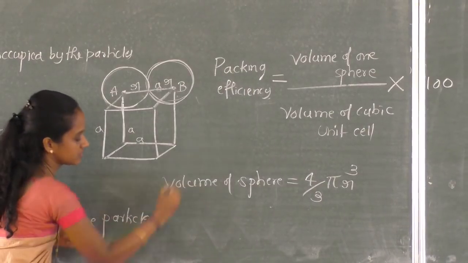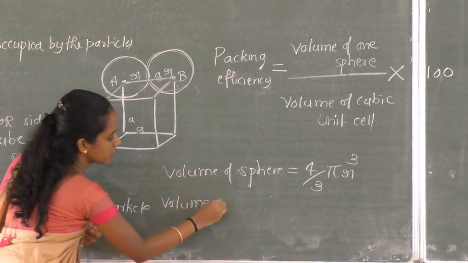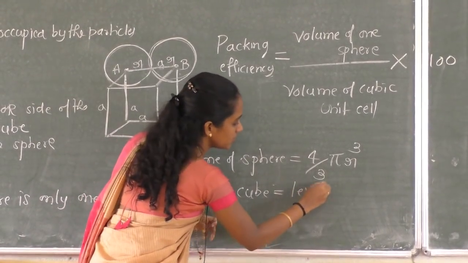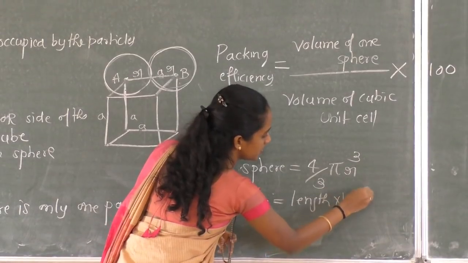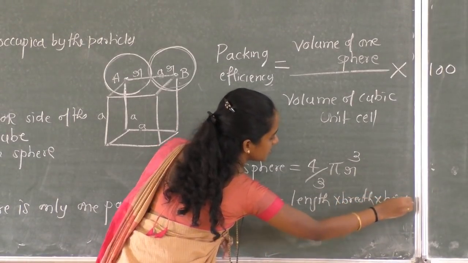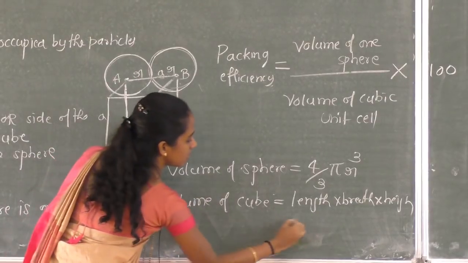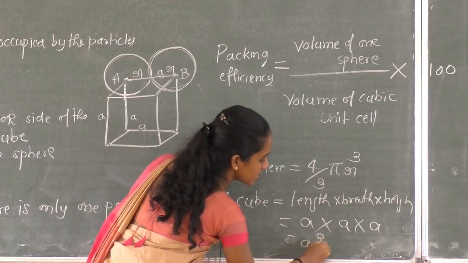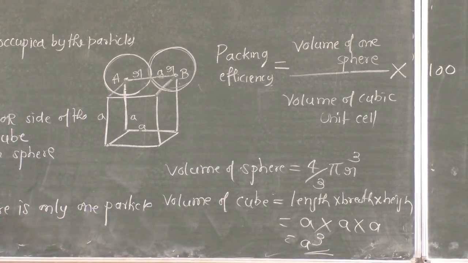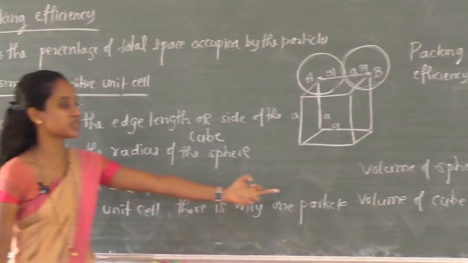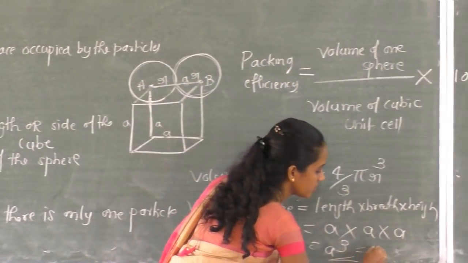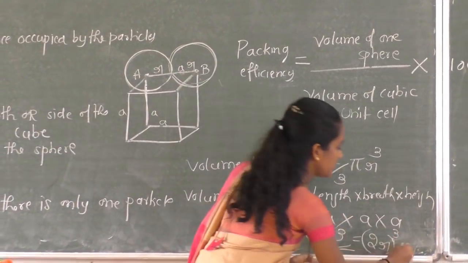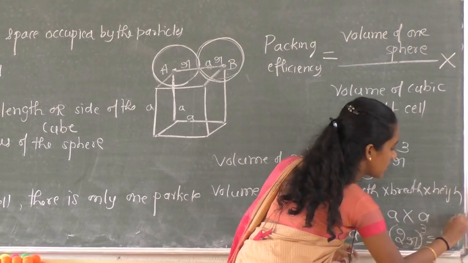So we can write volume of cube is equal to length into breadth into height. What is length? A. Breadth is also A, and height A, which is equal to A cube. But we know that A is equal to 2R here. Let us substitute, A cube is equal to 2R cube, so it is equal to 8R cube.